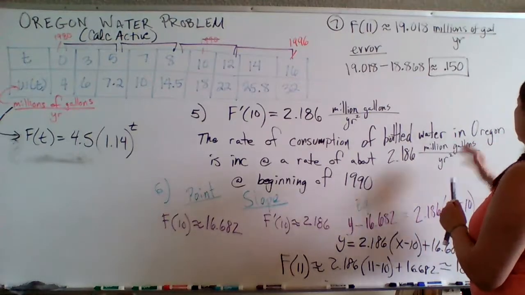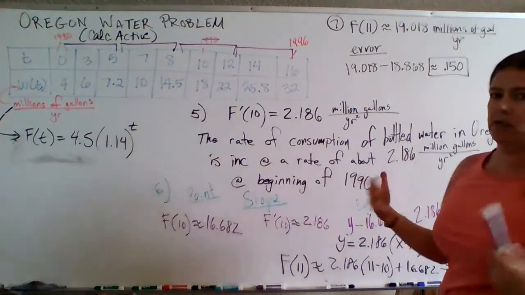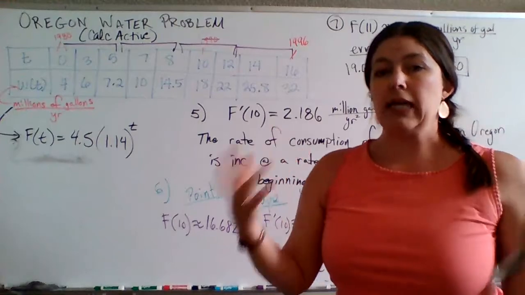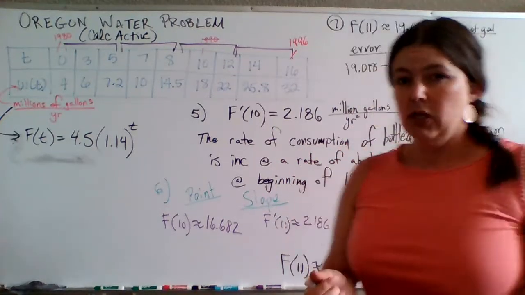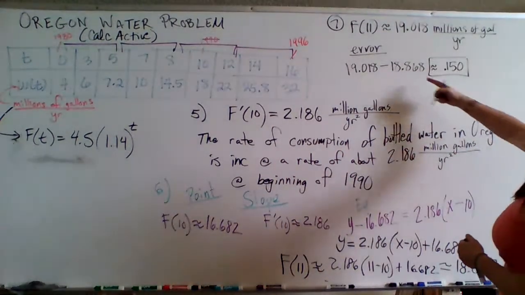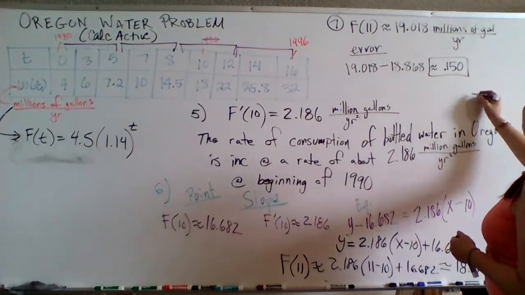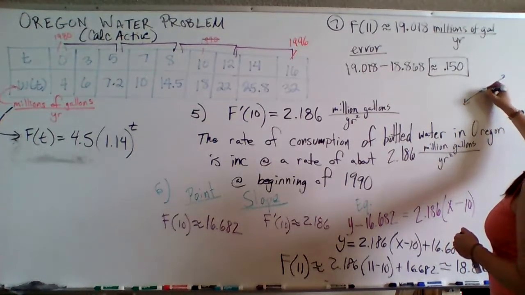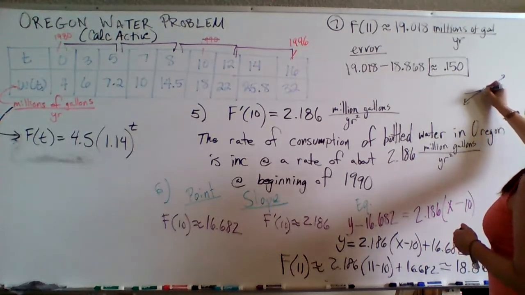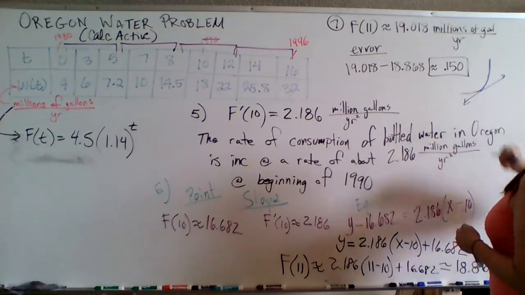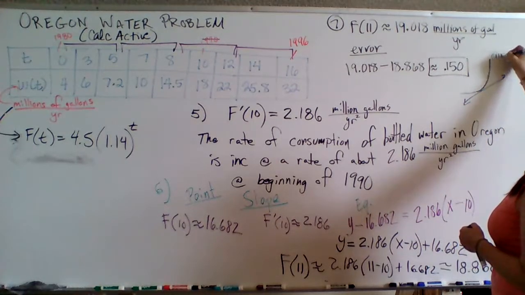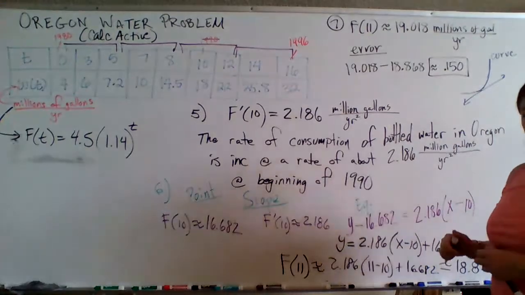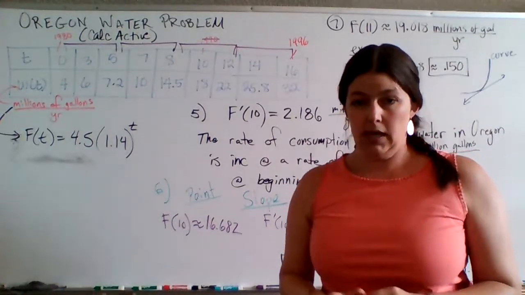So if I think about a picture, when we did local linearization, didn't we say it's all based on the concavity of the original function? If the tangent line gives us something smaller than the actual value, then the tangent line has to be below the curve. And the only way that the tangent line is going to be below the original curve is if the original curve is concave up, right?